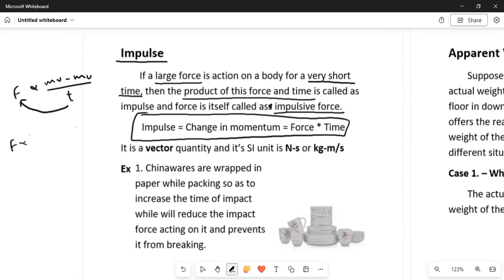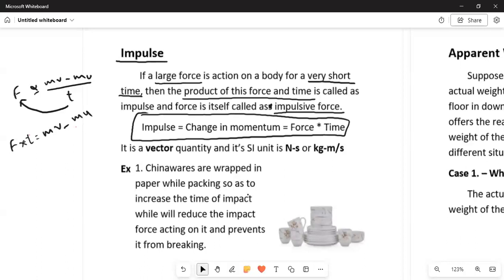And if we remove this directly proportional sign with our constant 1, which we discussed in the same second law of motion, we get force into time equals mv minus mu. And what was this mv minus mu?